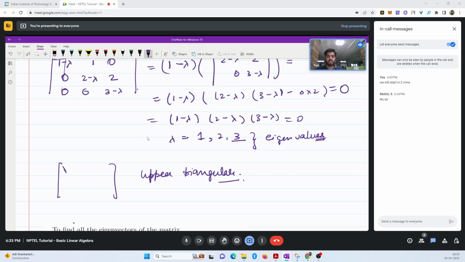You will have some entries on the diagonal, you can have anything over here, but everything below the diagonal is always 0. If you have something like this, then the entries on the diagonal are your eigenvalues.